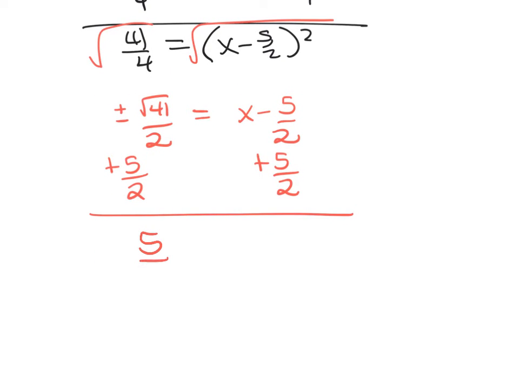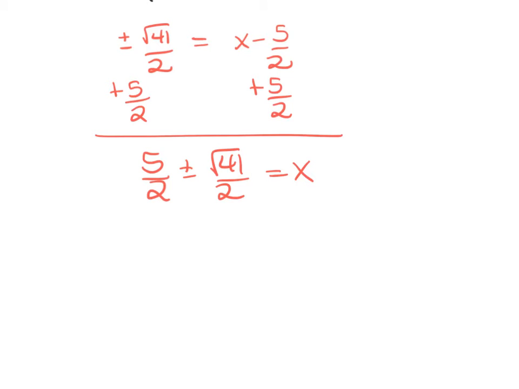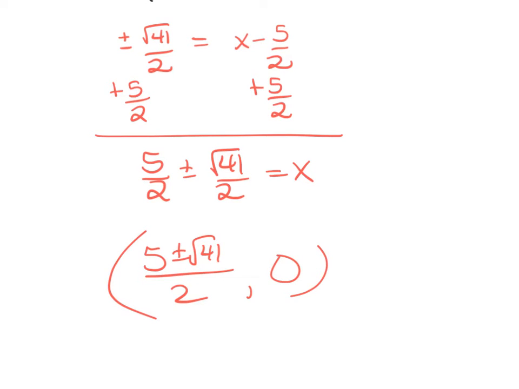So 5 over 2 plus or minus square root 41 over 2 equals x. Now if you want to write it with just a 2 in the bottom, you can. You could just do this, comma 0. If you want to split it apart, you can also do that. Either way.